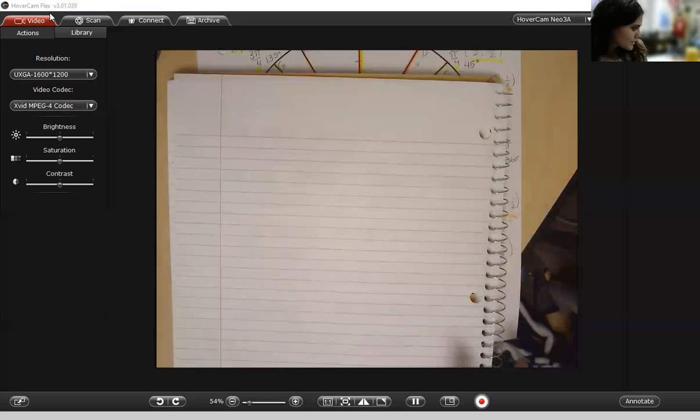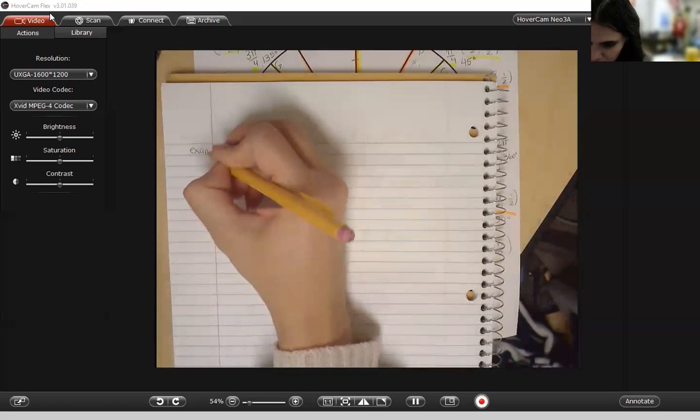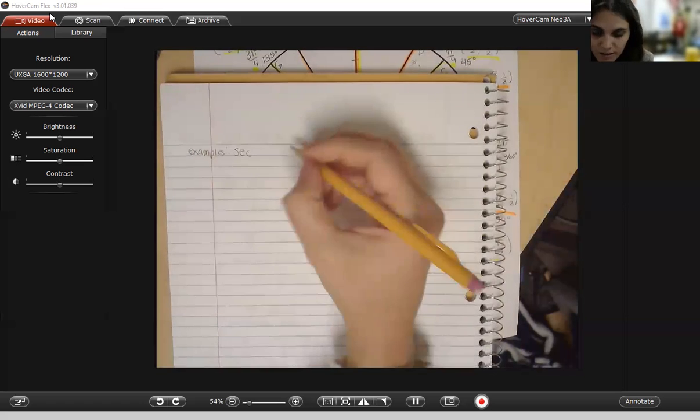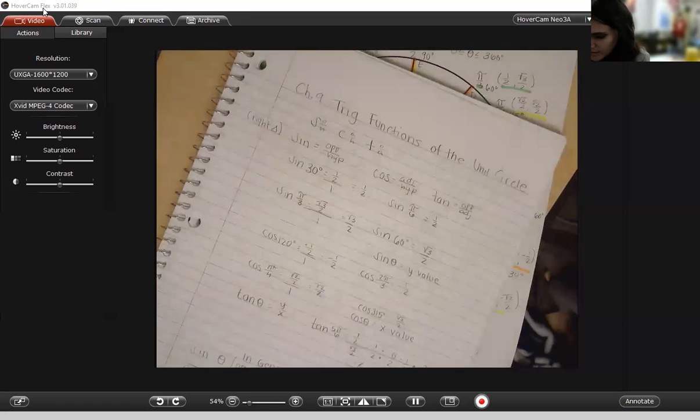All right, let's play around with some of these practice problems. Let's say I want the secant of 60 degrees. Maybe some examples. The secant of 60 degrees, well, if I'm looking at my chart, the secant is going to be the reciprocal of cosine.